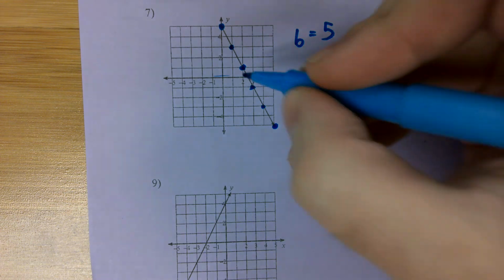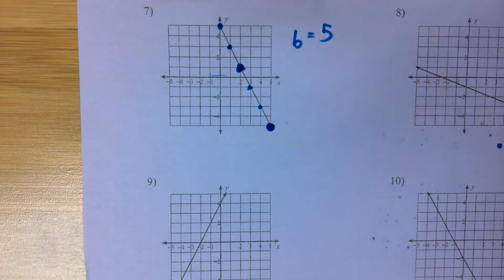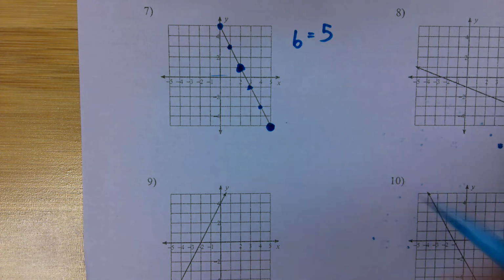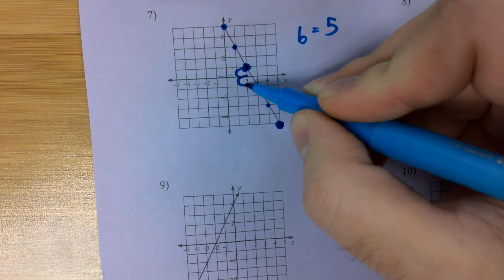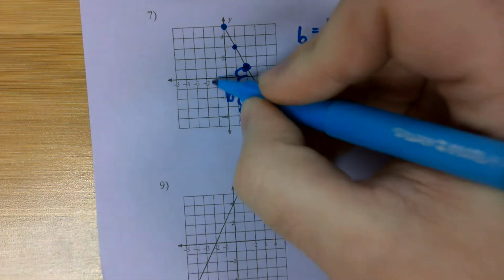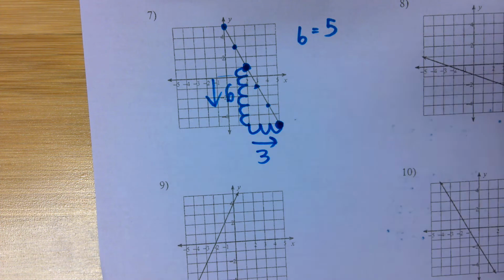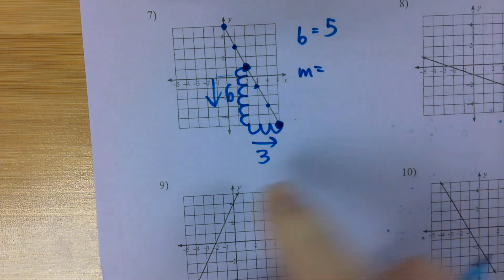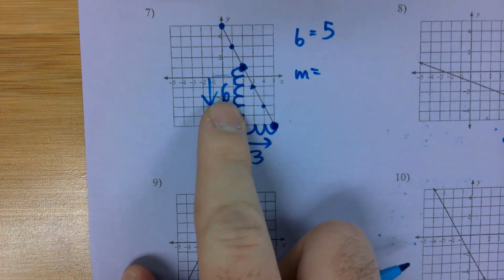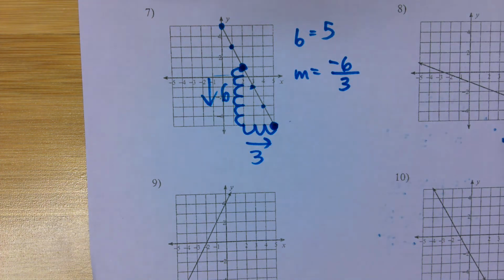So our rise and our run. Let's see. I'm going to go from this point here down to this corner point here, just to make it interesting. We're going to go down 1, 2, 3, 4, 5, 6. And then we're going to go over 1, 2, 3. So because we went down 6, we'll call that -6 over 3.